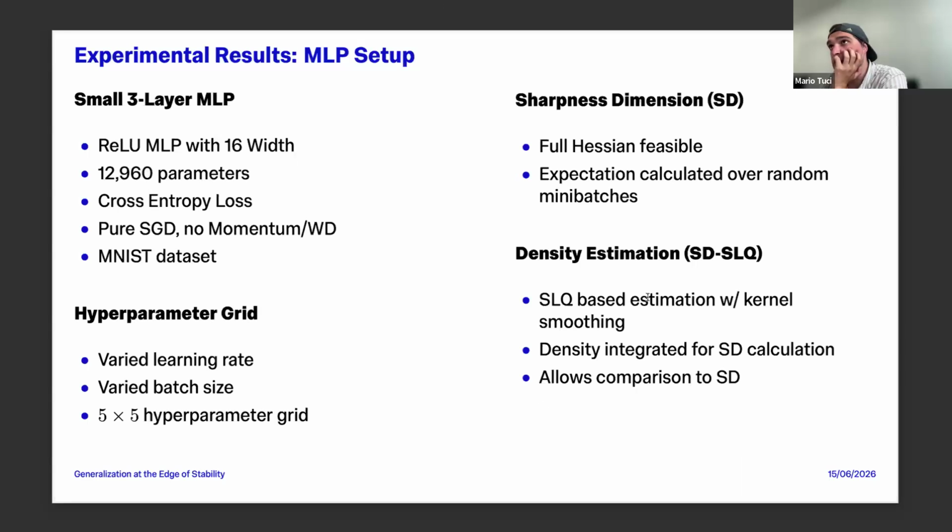So what we do first is just a small 3-layer MLP, because of course we have one big problem. Even though we showed that this quantity is related to the generalization gap, it's based on the whole Hessian spectrum, which is of course really hard to compute for bigger models. So we started with this experiment small and calculated our dimension exactly to see if it correlates well with the generalization gap.